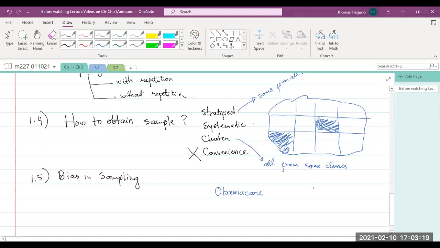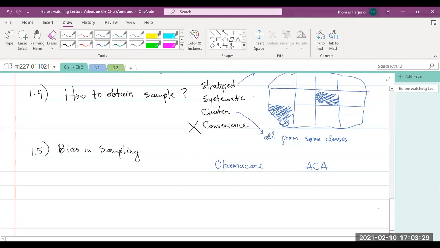Obamacare and Affordable Care Act. They asked this question: which of these two do you prefer, Obamacare or Affordable Care Act? If you ask this question to Democrats, for example, the majority of them will choose Obamacare.